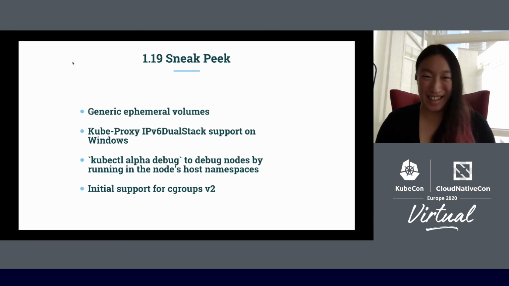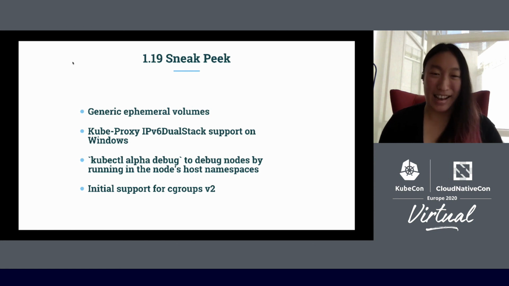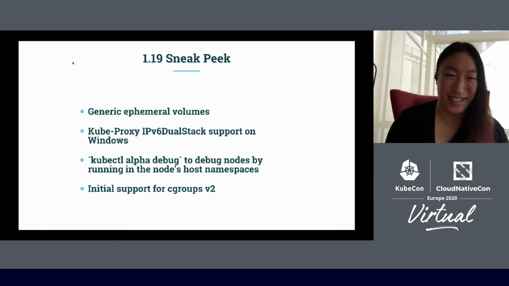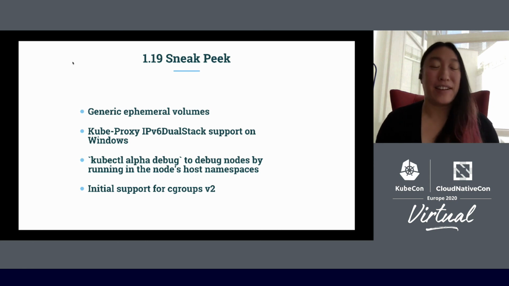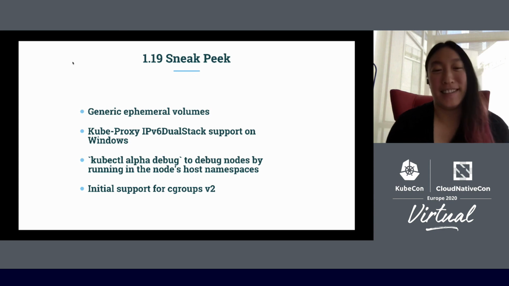And then one last thing, for the 1.19 sneak peek. I want to call out a few features that, as I was scrolling through the beta release notes, I got super excited about. One is generic ephemeral volumes. So now you have more flexibility than just using emptyDir.